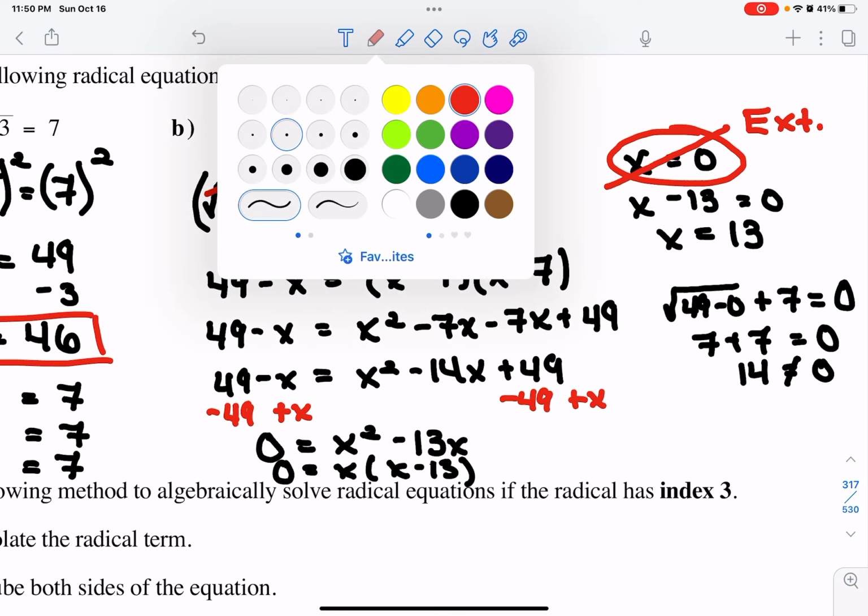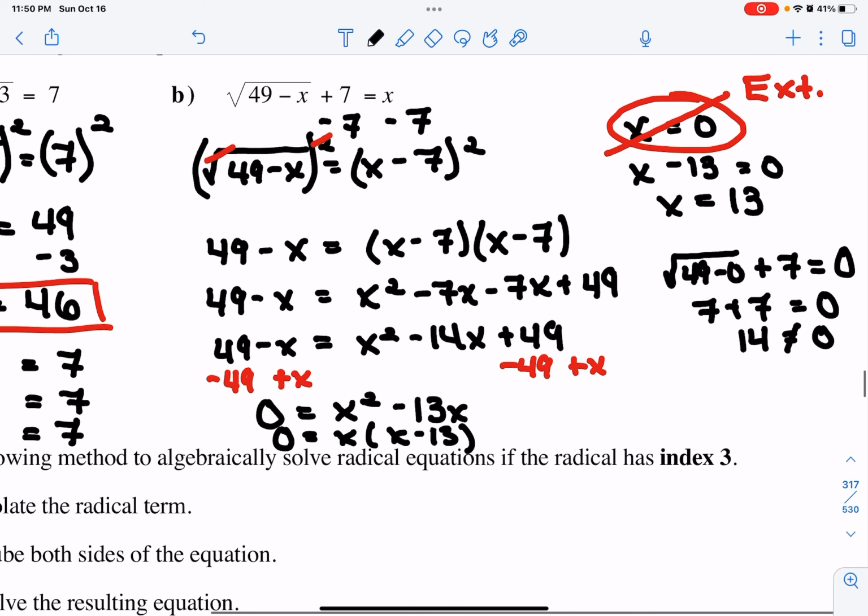Now I need to test my x equals 13. What will most likely happen is if you find one to be extraneous, the other one will work, but let's confirm it. Square root of 49 minus 13 plus 7 must be equal to 13. If I do 49 minus 13, well, that's going to be equal to 36.